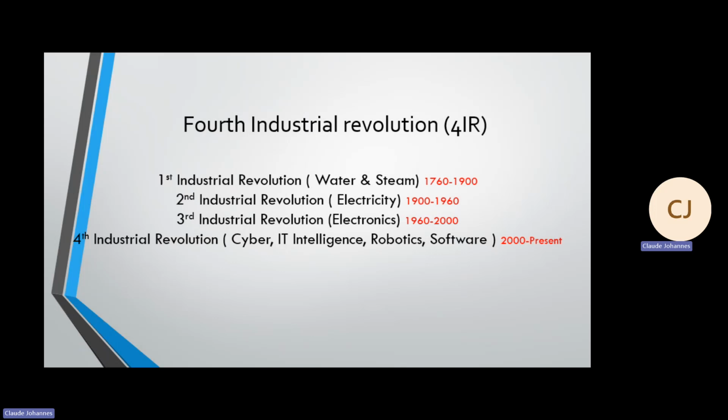Back in the day, they used water and steam to develop power, from 1760 till 1900. The second industrial revolution is when we started to have electricity, between 1900 and 1960. The third industrial revolution starts in 1960 to 2000.